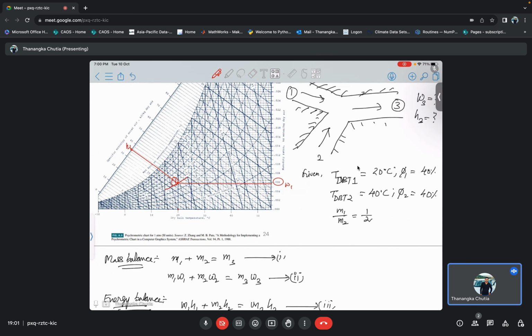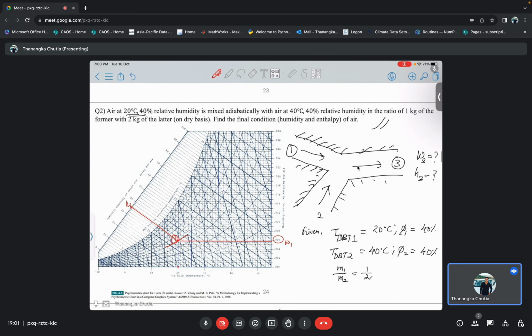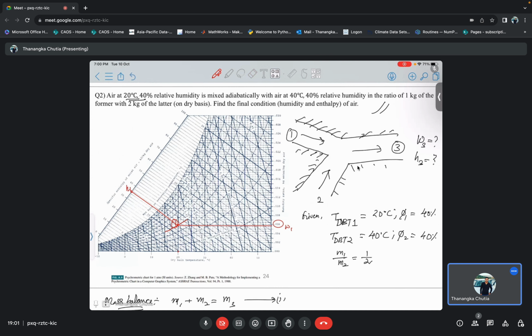Similarly, my point 2 will be what? 40 degrees Celsius and 40% relative humidity. So this is again the 40% relative humidity line.